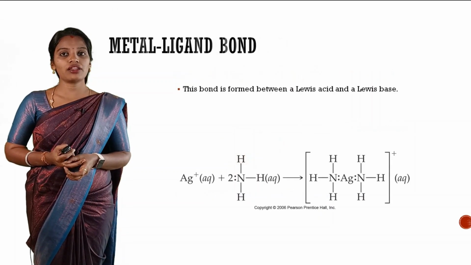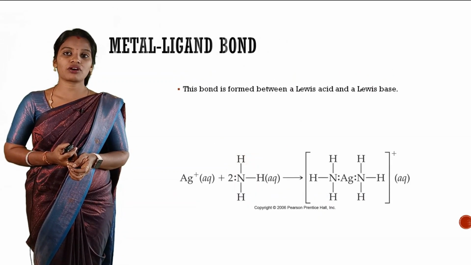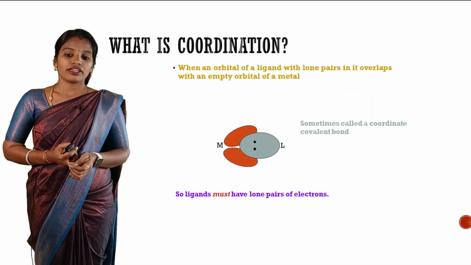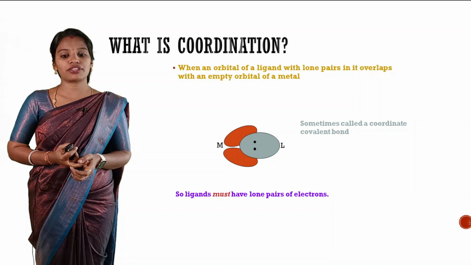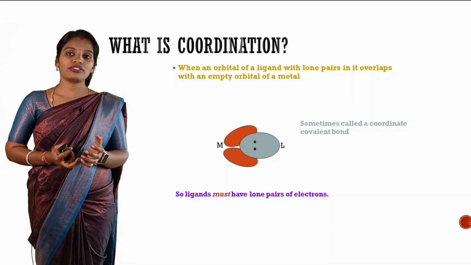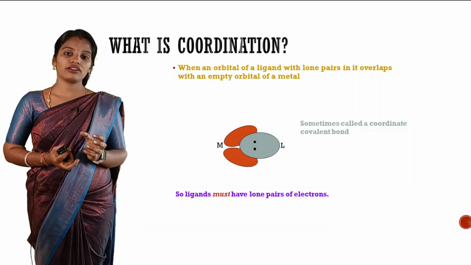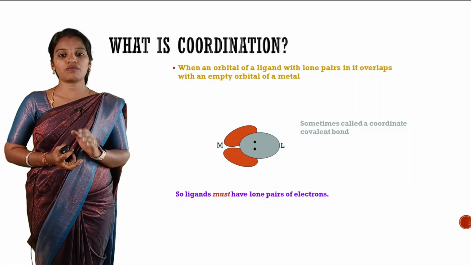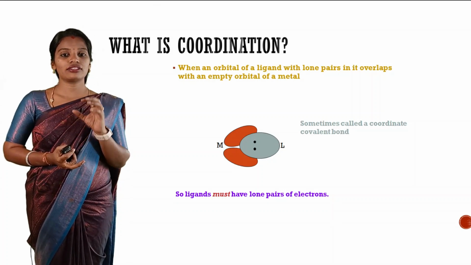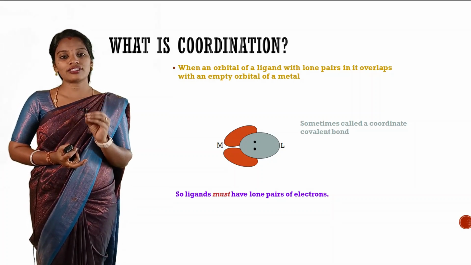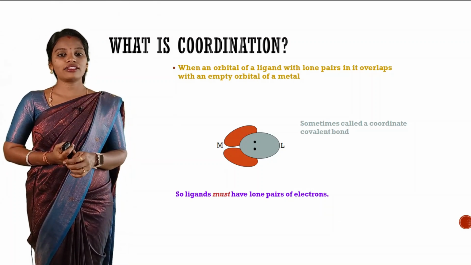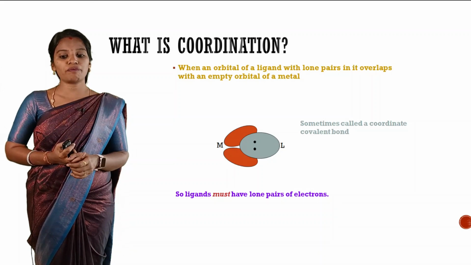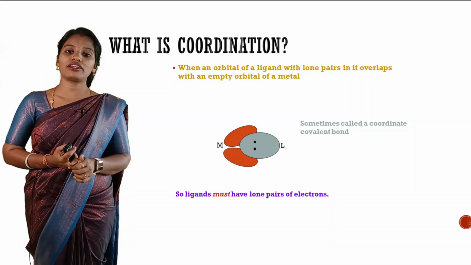When an orbital of a ligand with lone pairs of electrons overlaps with an empty orbital of the metal, from this you know very well the ligand must have lone pairs of electrons and the metal ion has an electron-deficient center, and the metal and ligand will form a coordination covalent compound.